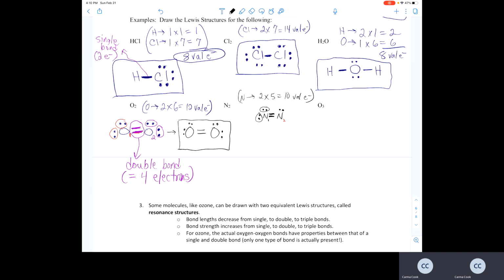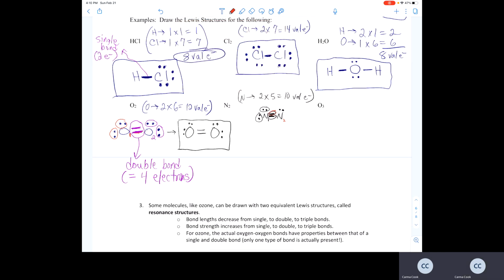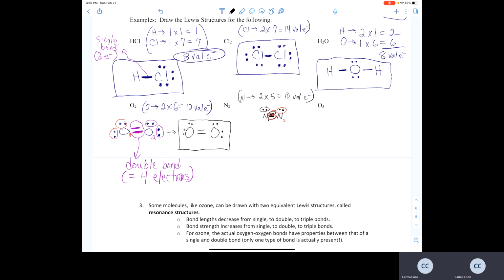It has 2, 4, 6, 8 electrons around it. But nitrogen 2 only has 2, 4, 6 electrons around it. So nitrogen 2 is still not happy. So what are we going to do? We're going to take another pair of electrons away from nitrogen 1, which is happy, and move those electrons as another single bond between the 2 nitrogens.